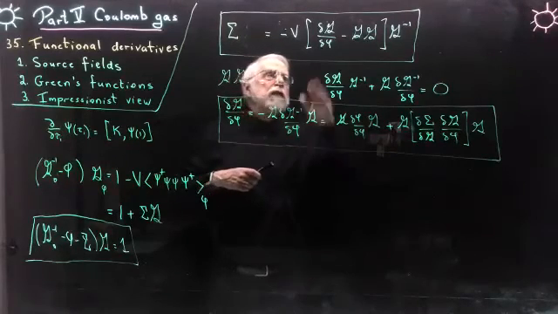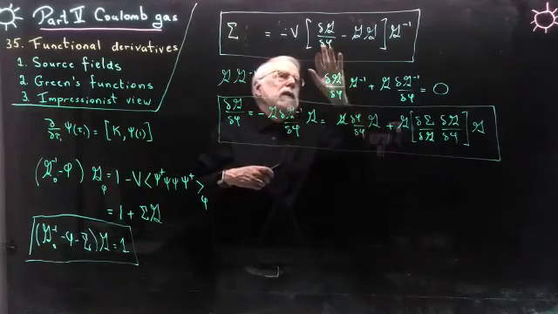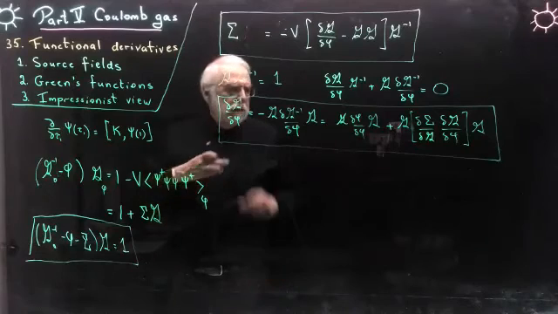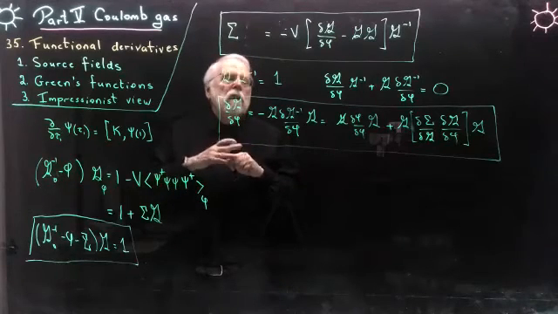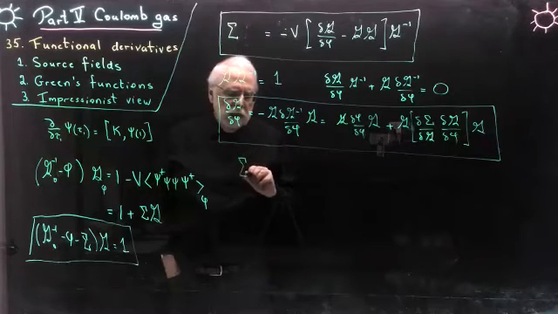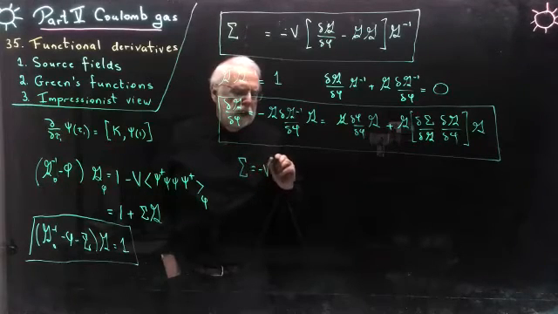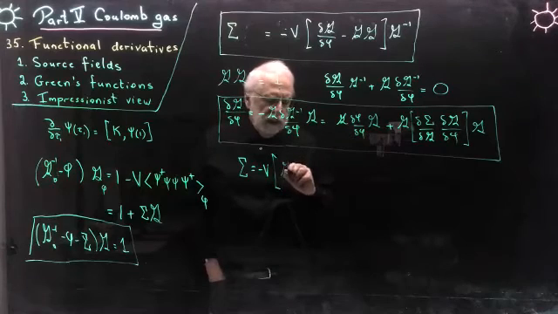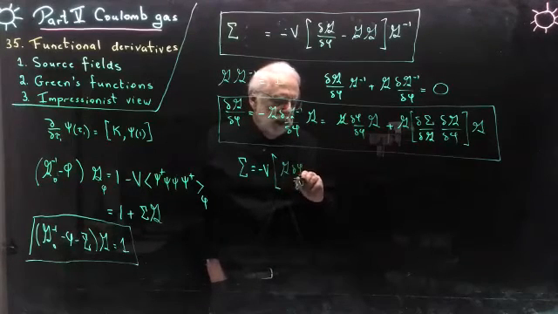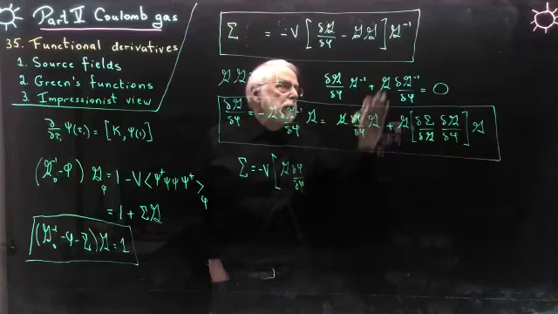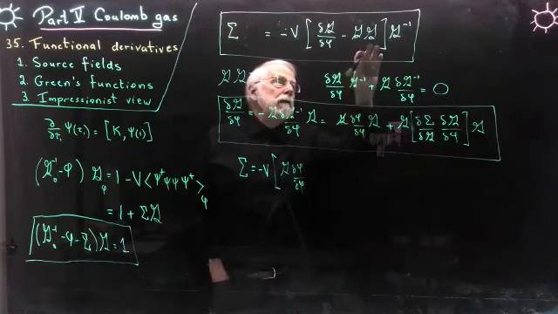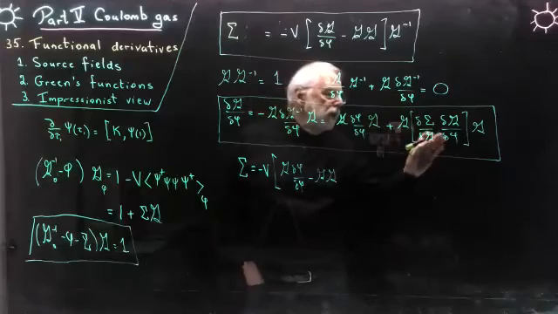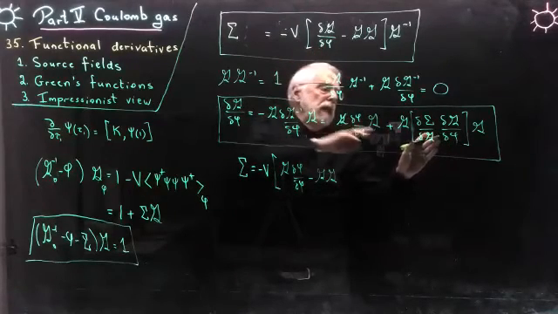So you see, for example, if I substitute this here, I get for the self-energy sigma equals minus V times delta G delta phi is this. So I have G delta phi, and this G and the G minus 1, the G minus 1 gets rid of this G. Then I have minus GG. And then I have this term as well.